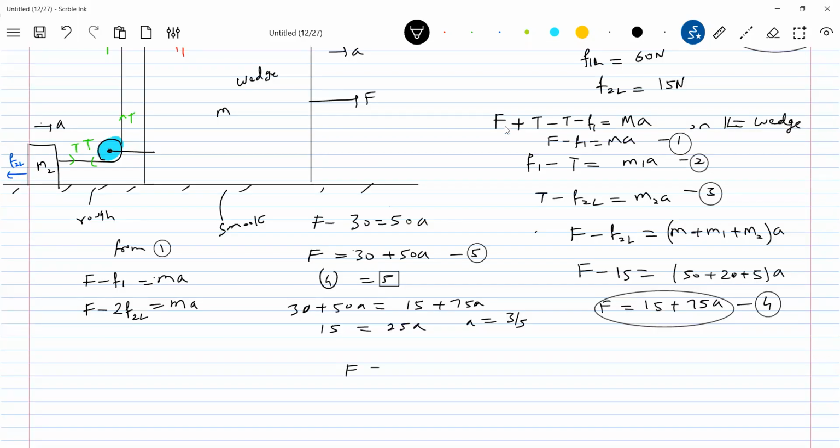F should be equal to 15 plus 75 times 3 by 5. This will be how much? 15 into 3. Anybody got the value? 60 Newton? Yes, sir. Okay, very simple way.